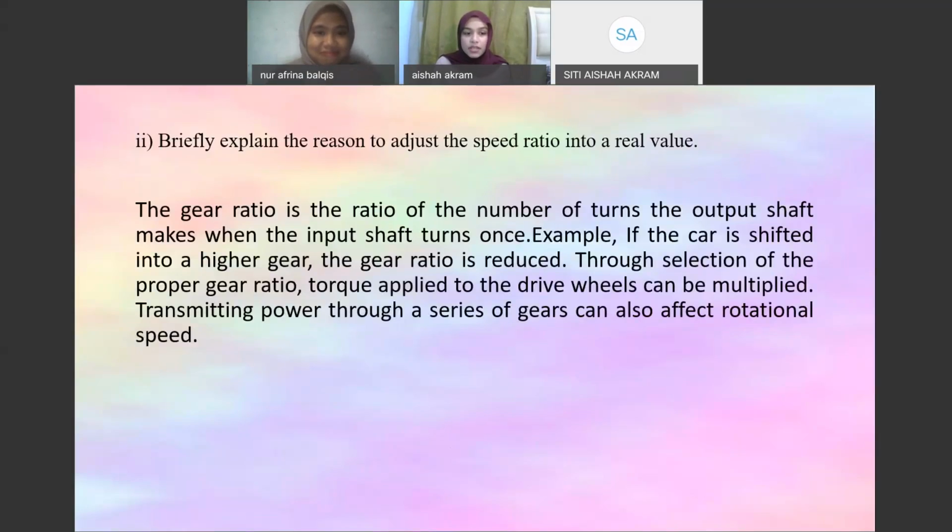This is because the power transmitted through a series of gears also affects the rotational speed. So the reason we need to adjust the speed ratio is to get the best transmitted power so that the gears can move smoothly and faster, and also reduce any problems. That's all from us.